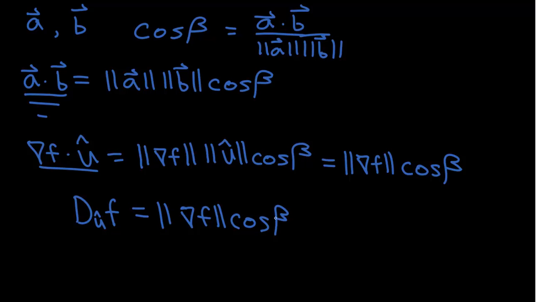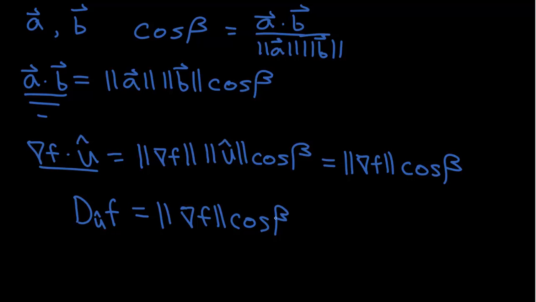Now, I'm going to ask this. What is the biggest value that the directional derivative of f, or the directional derivative in the direction of u, can have? Yeah, the magnitude of the gradient. Well, that's pretty interesting, right?